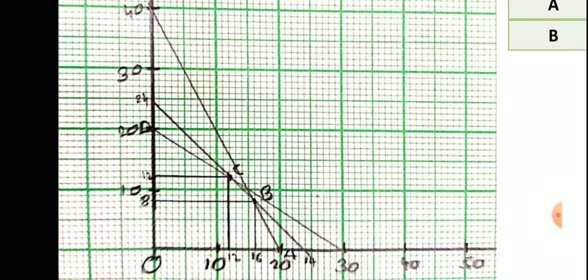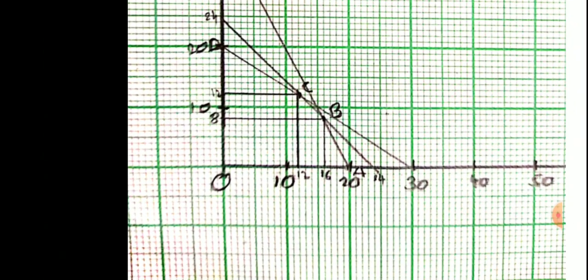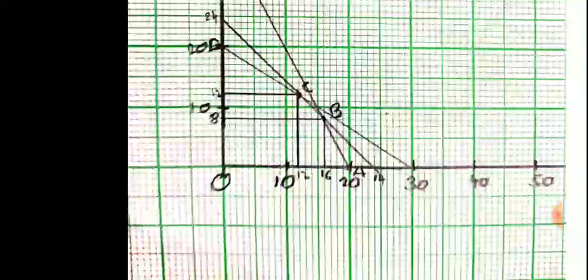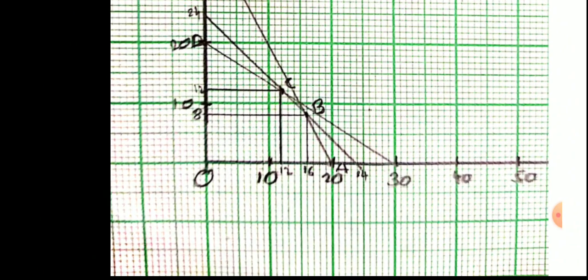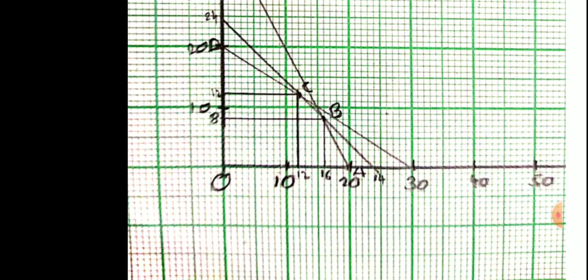Next we go for B. You can see the B point is meeting here. If you draw a line towards the x1 axis and x2 axis, you can see it goes straight to B. Where the line meets the x1 axis is at 16.